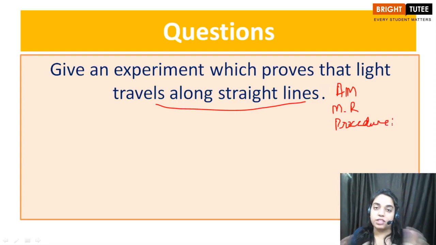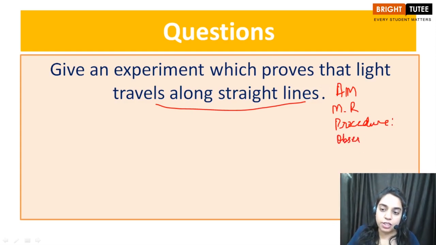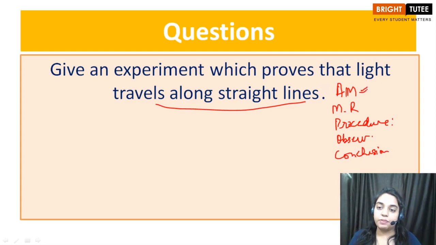Writing answers in paragraphs in science is never a very good way of presentation, so always write the procedure in points. Then you will write the observations, and finally the conclusion of your experiment. So children, the aim of this experiment will be to prove that light travels along a straight path.